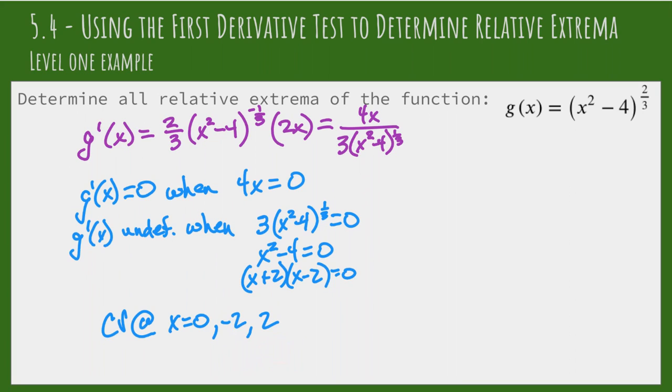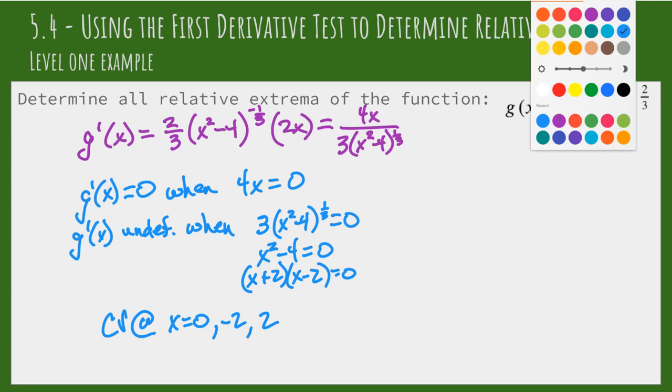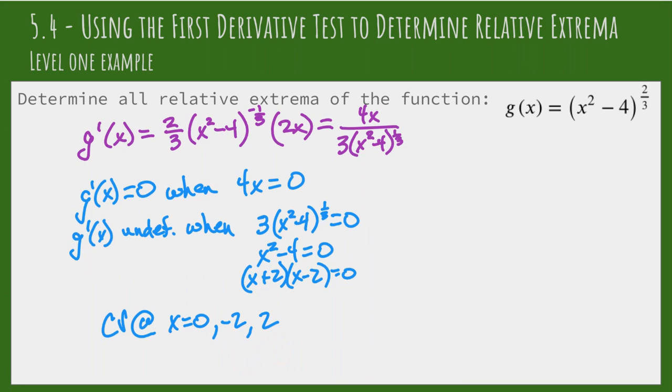Okay, so the next thing I'm going to do is make a sign chart. So I want to know where the derivative is going to change signs. So my sign chart for g prime is going to include -2, 0, +2. This time I'm leaving the ends open because it does go to -infinity and +infinity.